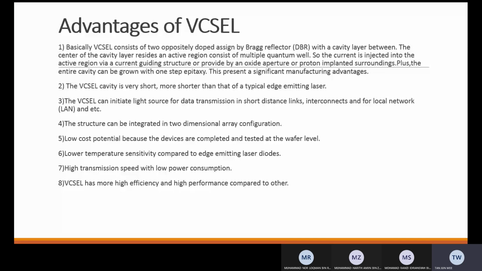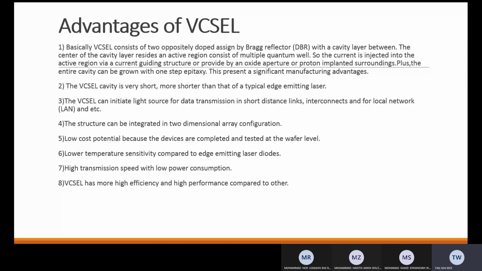The current is injected into the active region via a current guiding structure, provided by an oxide aperture or proton implanted surrounding. Plus, the entire cavity can be grown with one step epitaxy. This presents a significant manufacturing advantage.